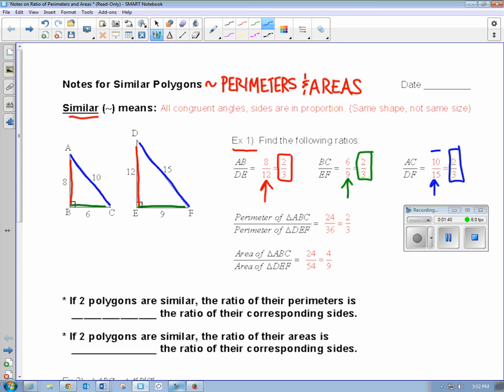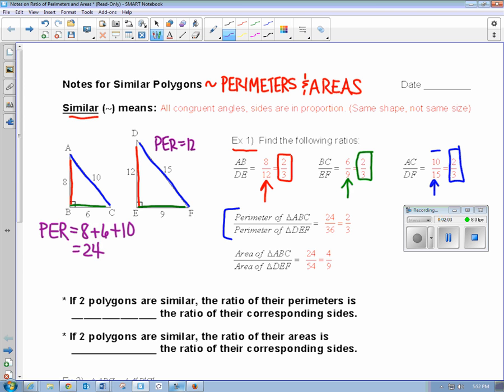We're going to take that idea one step further and compare the perimeters of the two triangles. So we've talked numerous times this year about their perimeters, and for the first one, when I do the perimeter, I'm adding up all the sides, which gives me 24. In the other one, I'm also adding up all the sides.